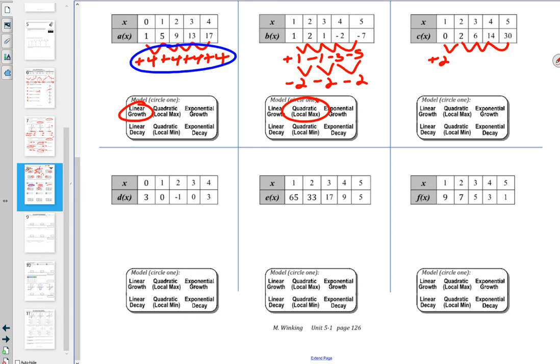What's the first difference between 2 and 6? 4, and then 8, and then. Because then this would be 2, 4, and 8.